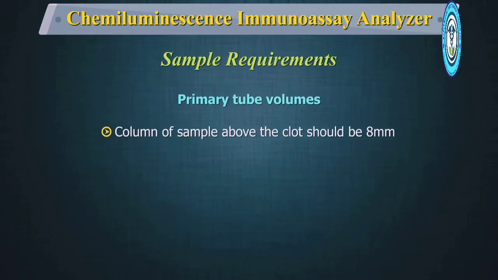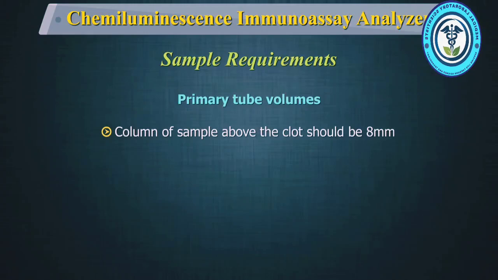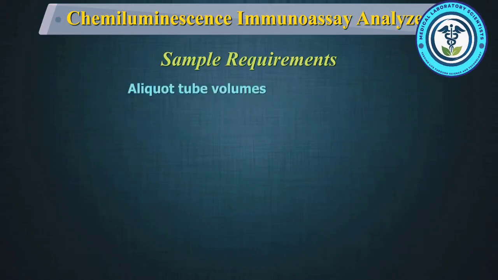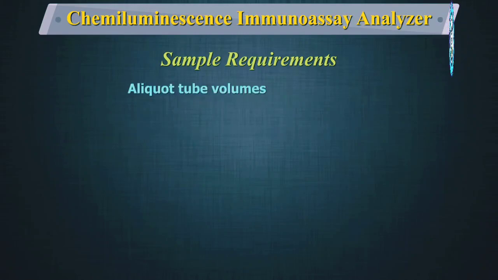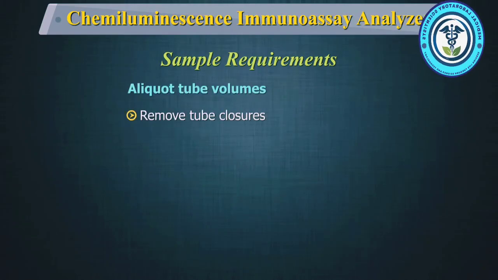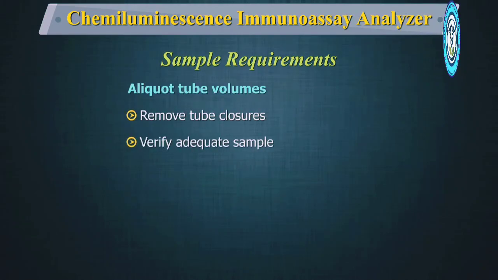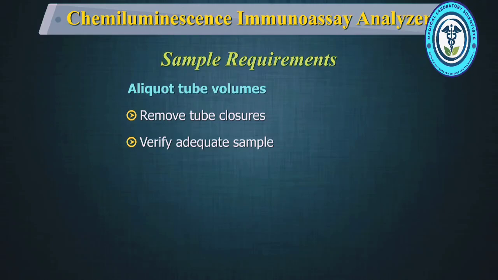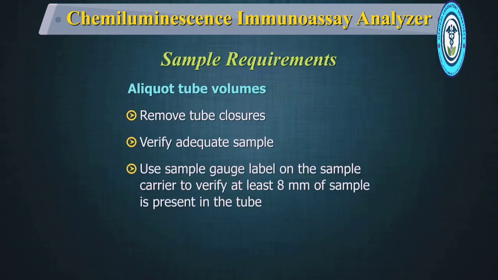For this machine, the column of sample above the clot should be 8 mm. Aliquot tube volumes. When using Aliquot tubes, remove any tube closures and verify adequate sample is present in the tube. Use the sample gauge label on the sample carrier to verify at least 8 mm of sample is present in the tube.